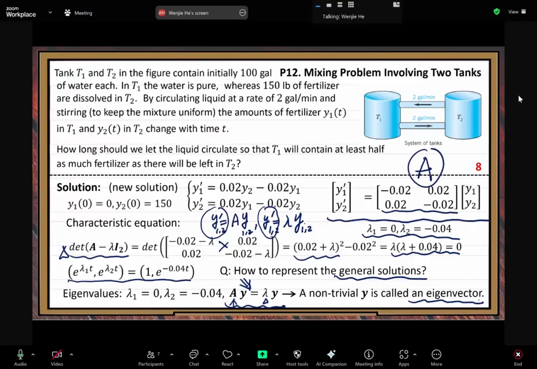After that, we need to calculate two eigenvectors, and these two eigenvectors form a basis of the solution. So then we can use these two vectors to write a general solution of this linear system. All right, so next slide, let's do the calculation.